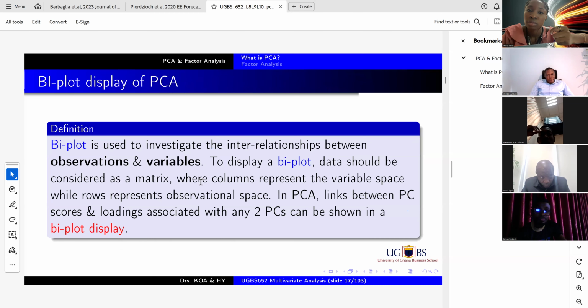The last thing to do is to create the biplot. Guys, the biplot is very important. Every year when I set a question on the biplot, people always make mistakes. What is a biplot? The word bi comes from which word?